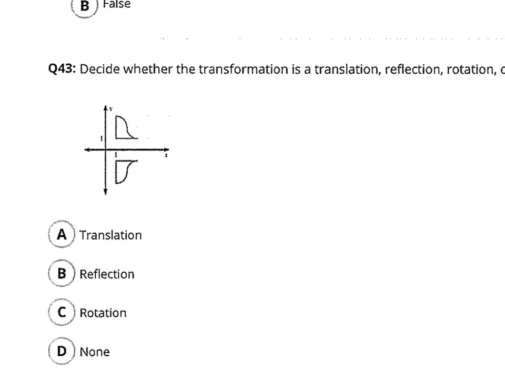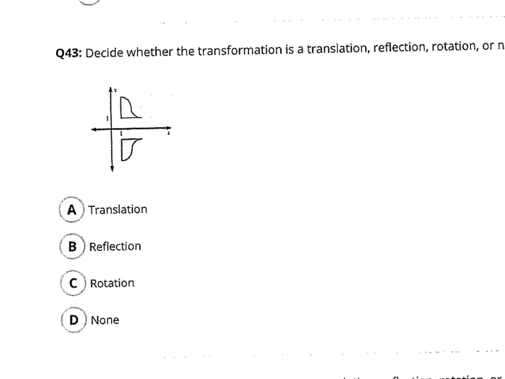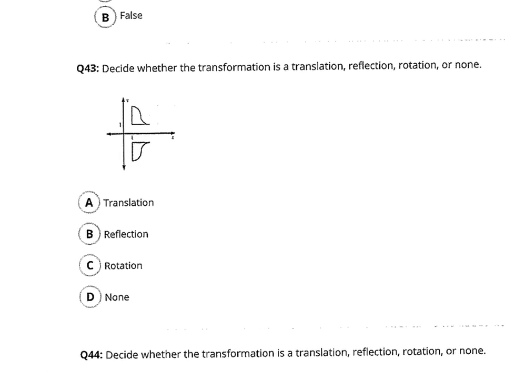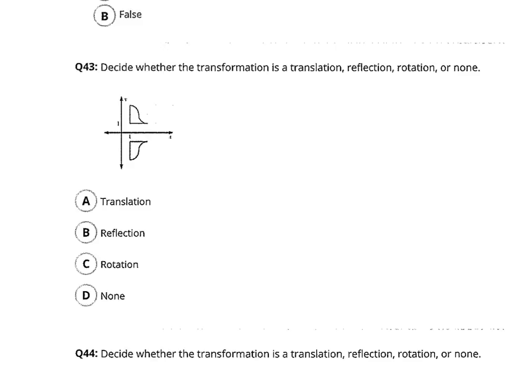Okay, 43. We want to know, is this transformation a translation where it slides? Is it a reflection where it's just literally flipped over? Or is it rotated or none? Okay, so take a good look at our shape here. What happened to it?